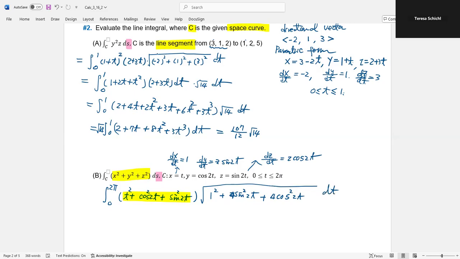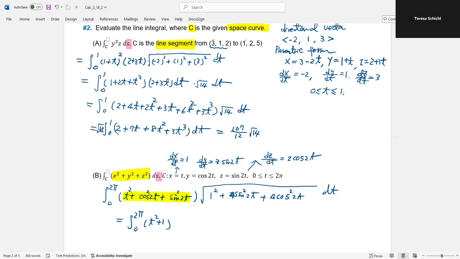So then I know this one will be pretty straightforward. This is 0 to 2 pi, then this will be t squared plus 1, right, because the cosine squared plus the sine squared will be 1 here. So it will be t squared plus 1.